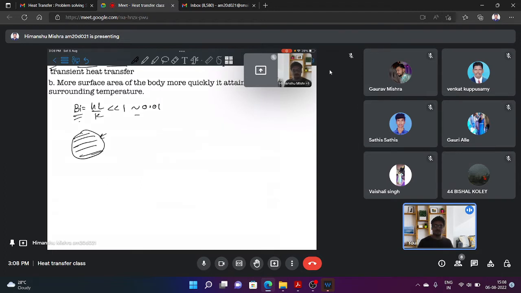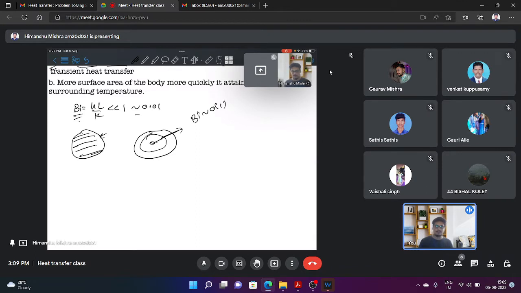For example, whenever you warm food in a microwave oven, after some time when you take the food out, you may find that the food is hot at the boundary but relatively cold at the center. This indicates that the heat is not uniformly distributed, which makes its Biot number of order 1 or even greater than 1. In such cases, you cannot use the lumped heat transfer analysis.